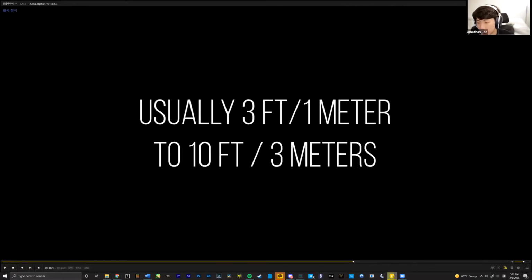Another downside of using anamorphic lenses is the focusing distance. Because of how the focus gears work, anamorphics usually have a minimum focusing distance of maybe 3 feet, to about 10 feet for larger format anamorphic lenses.